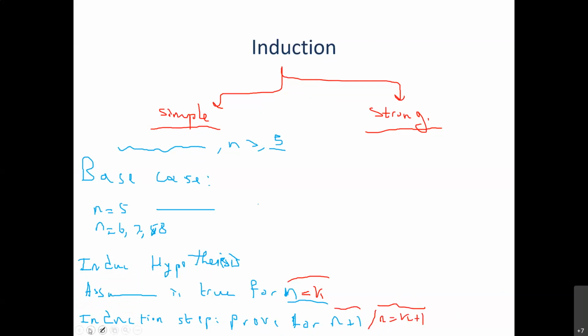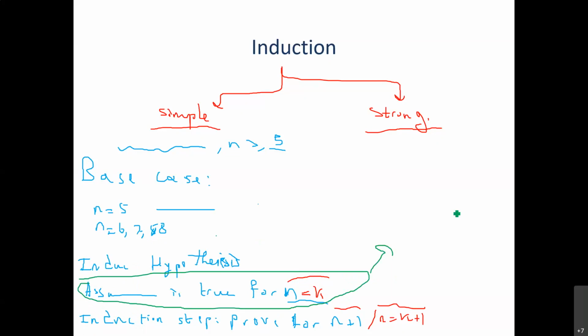So that's simple induction. What's the difference between it and strong induction? It's just going to be the inductive step. Here, step 1 and step 3 are going to be exactly the same. The difference is that instead of assuming it's only true for n, you assume it's true up to n.